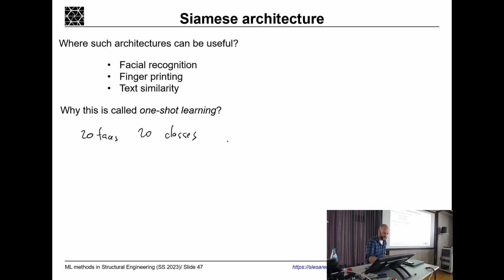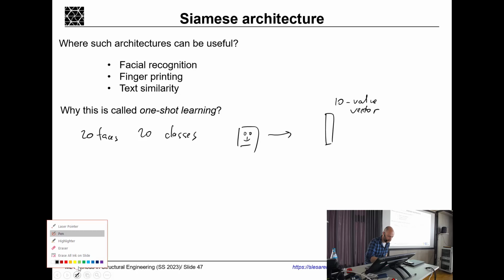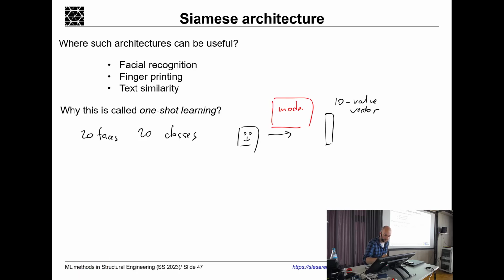Now you have your model, which takes an image of your face and transforms it into a so-called embedding. At the end, you have, let's say, a 10-value vector. It's the last output before you start to compare them. Between these, you have your model.